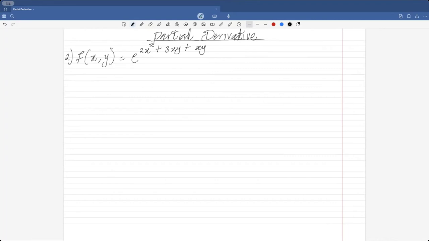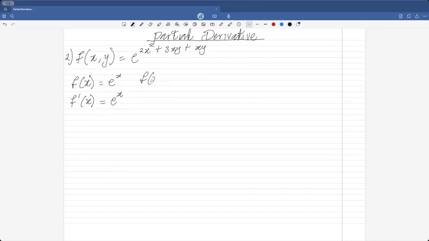So in this case, let us recall that the derivative of e to the power of x, if we have a function f(x) equals e to the x, f prime x is the same as e to the x.